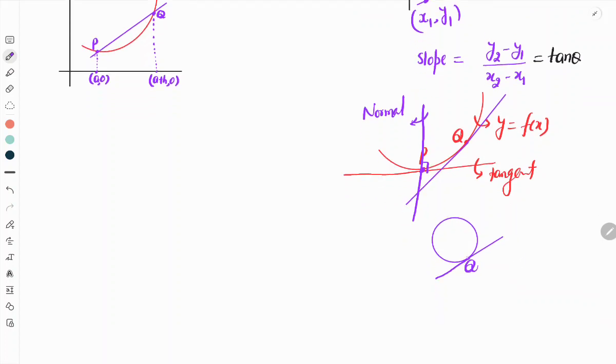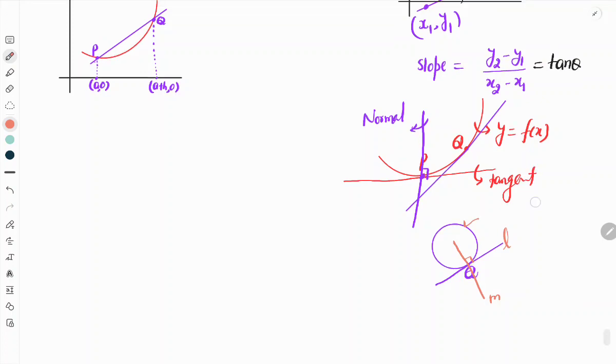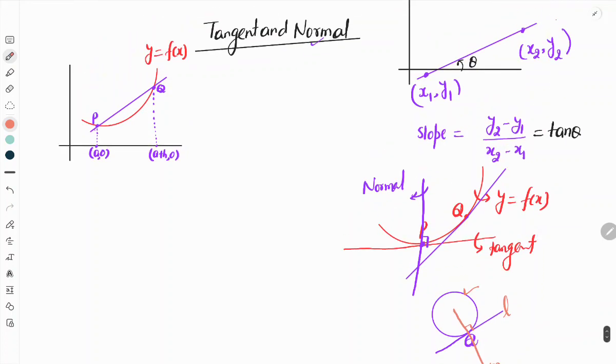At Q, if you draw a line perpendicular to the given line, let's say this is line L and this is line M, at point P both lines are perpendicular, M is called the normal to the line L. Line M is called what? Normal line. Normal of what? Normal to the curve, the circle. Circle is here the curve.